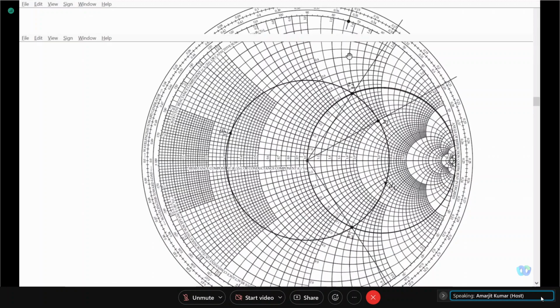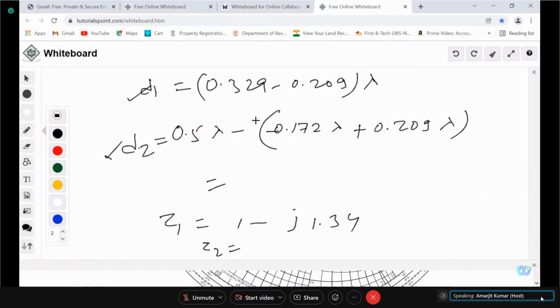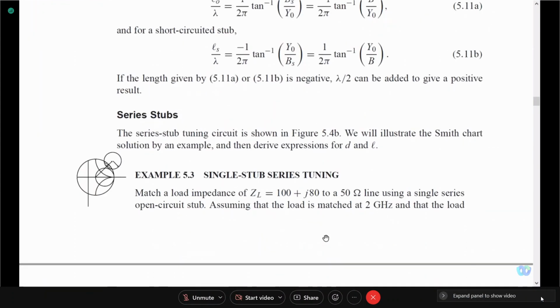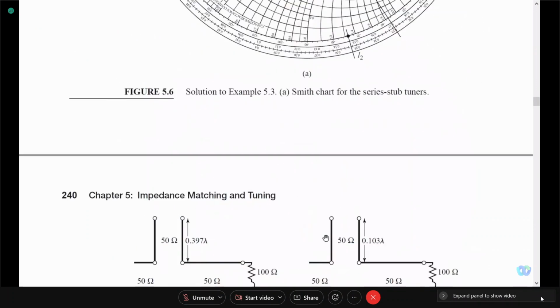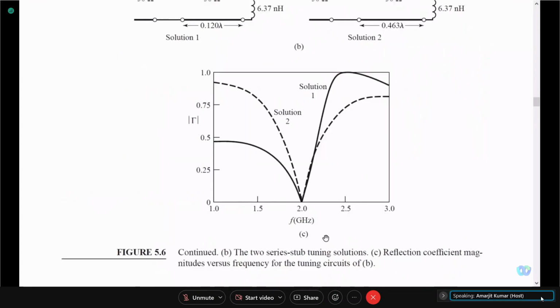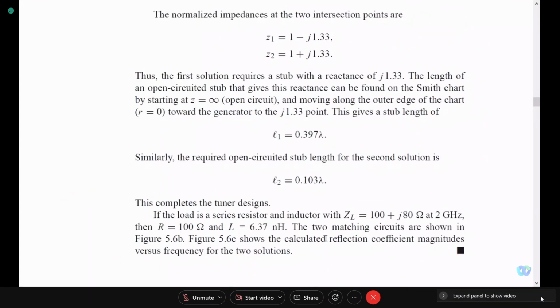So basically it will be equal to 1 plus J 1.3. Here it is taken 1.33.